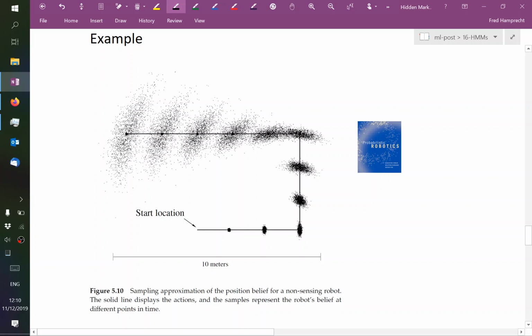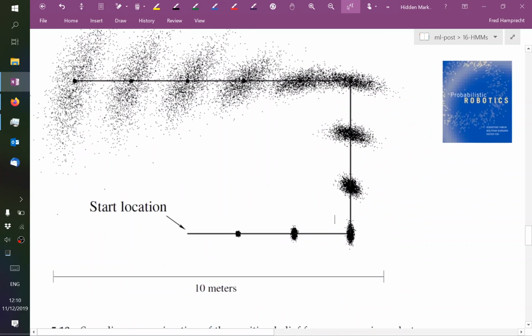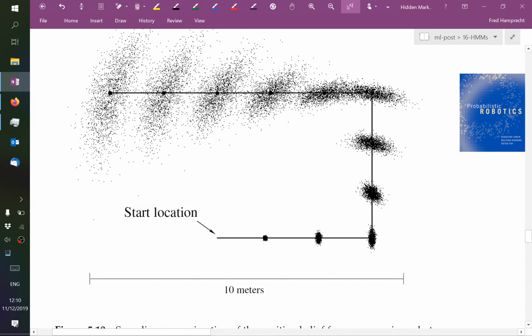Thanks to our motion model, we now get a little bit of uncertainty here of where we are precisely. Then comes another action. It adds to the uncertainty, so we convolve the old with the new uncertainty. We get another action, walk another meter to the right. And so far, you see that this distribution is symmetric with respect to the direction in which we move.